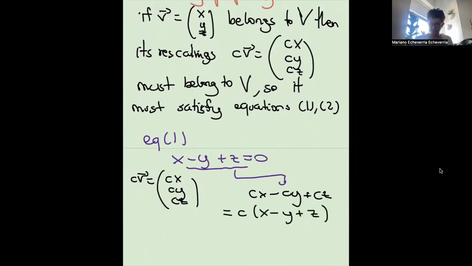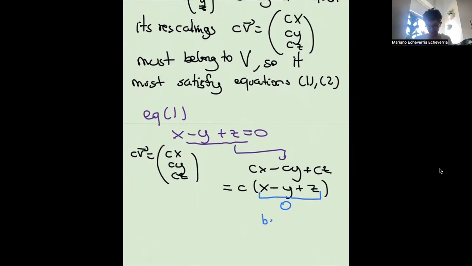So you get something like that, but this is zero because (x, y, z) belongs to V. So that's what the rescaling says.